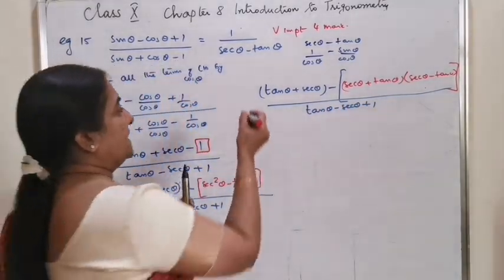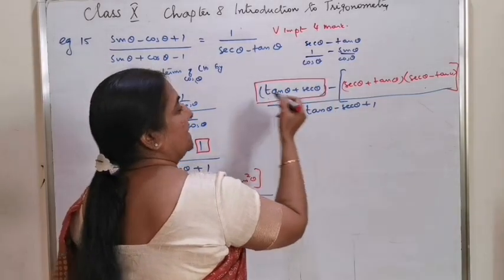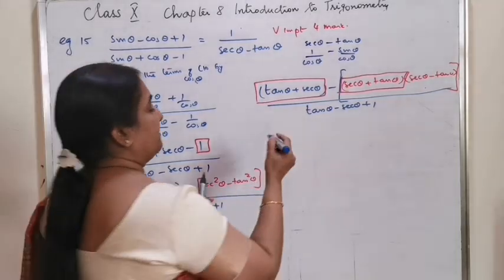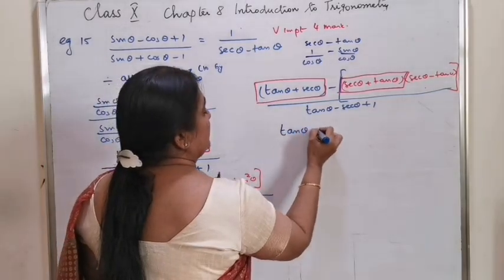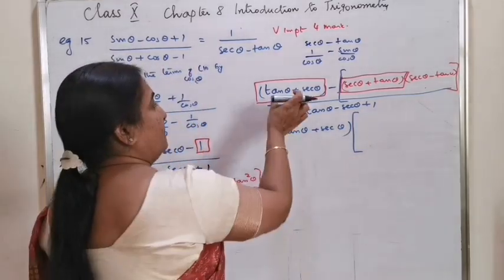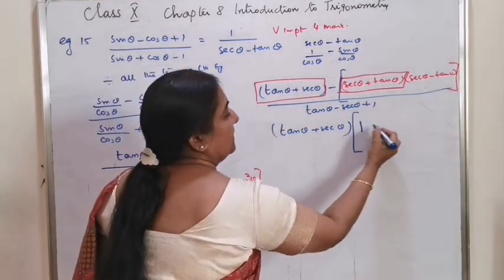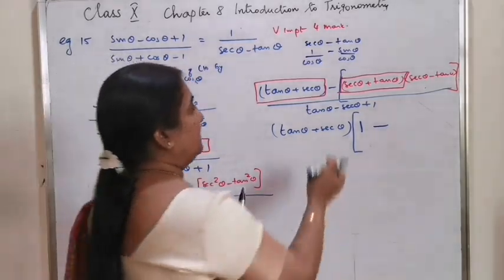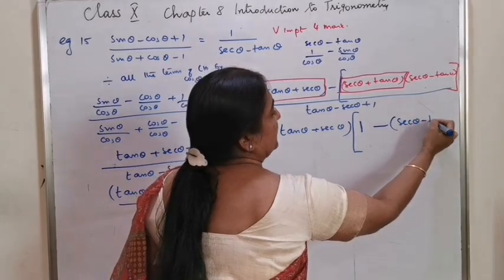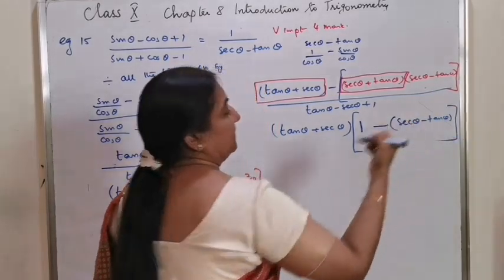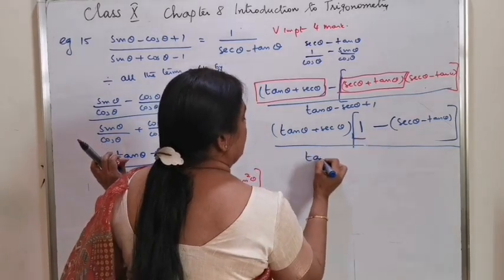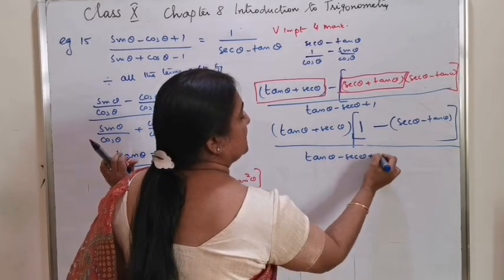From here you can understand that tan theta plus sec theta is a common factor. For this tan theta plus sec theta, you will retain it as a 1. This minus will be brought down, and with the bracket sec theta minus tan theta, divided by the denominator tan theta minus sec theta plus 1.